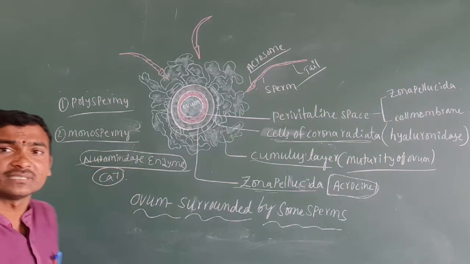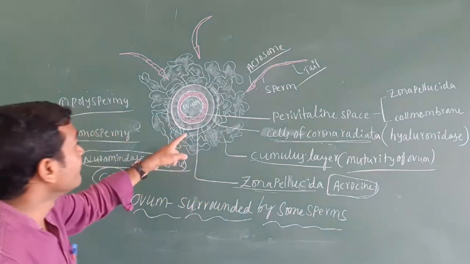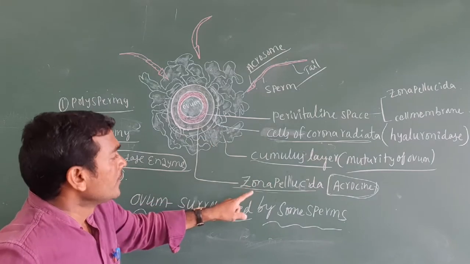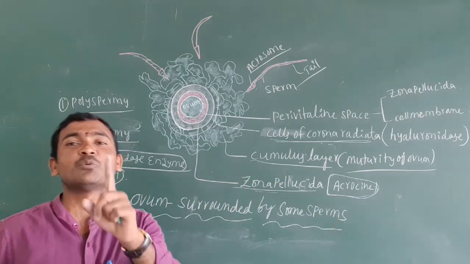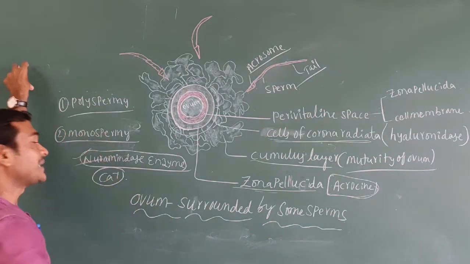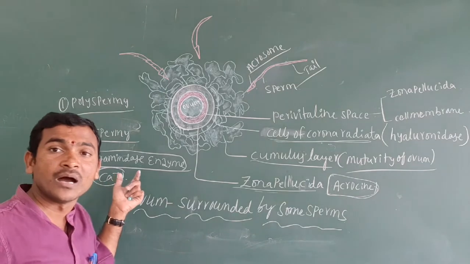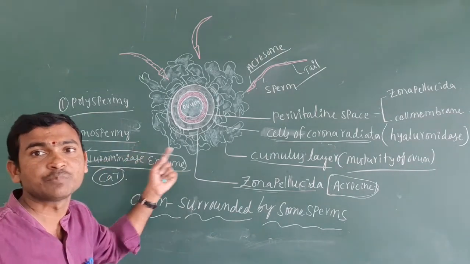What is the work of this? When one sperm is entering, it closes the zona pellucida layer. When one sperm enters, that is called monospermy, with the neuraminidase enzyme and calcium ions, only one sperm enters.